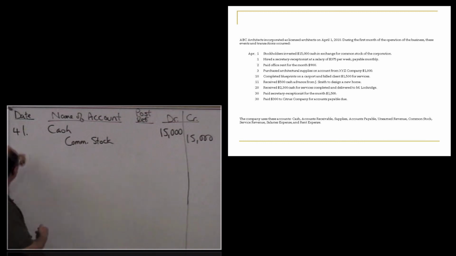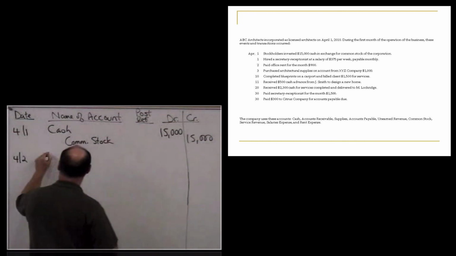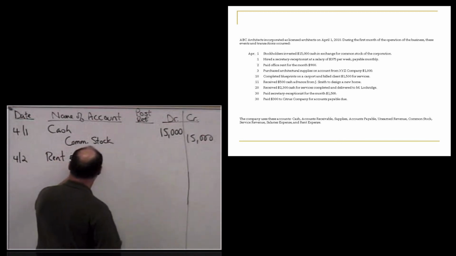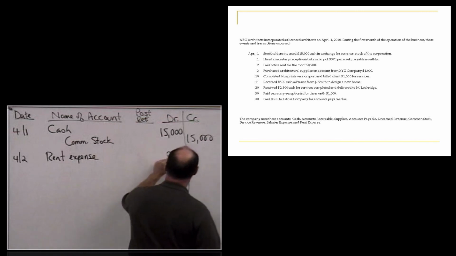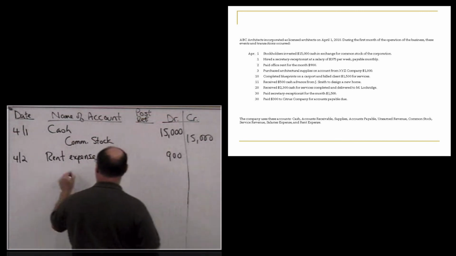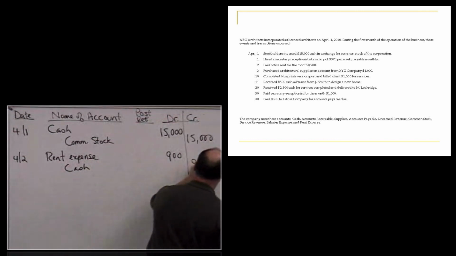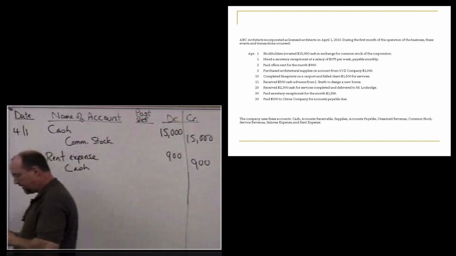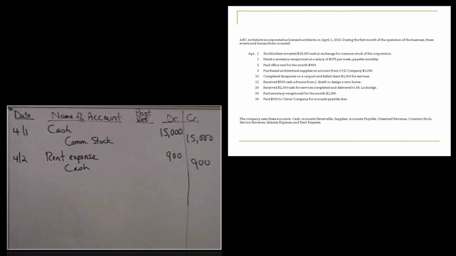Okay, so April 2nd, I'm going to debit rent expense for $900, and I'm going to credit cash for $900. Okay, so we spent money. We spent cash. Cash is an asset. We now have less cash as a result. Our cash went down. Okay, so we credited cash.